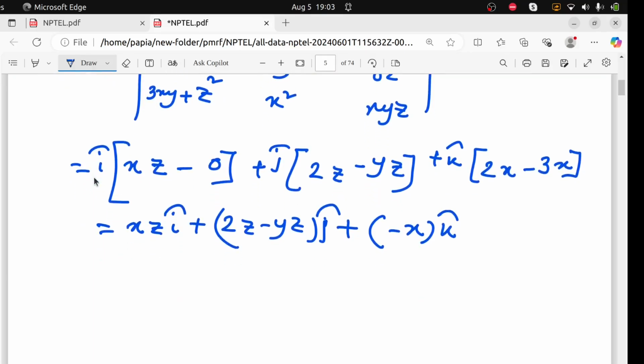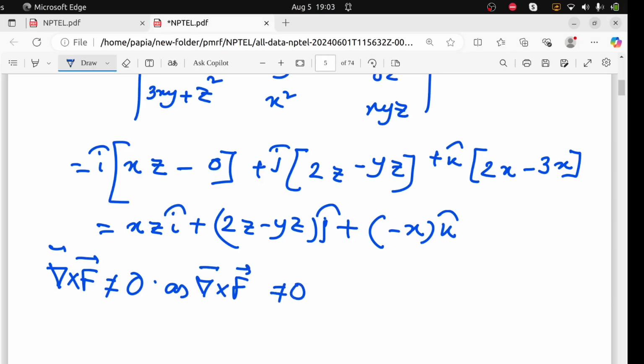Now from this I can get the answer that curl of F is not equal to 0. As curl of F is not equal to 0, that means F is not conservative.